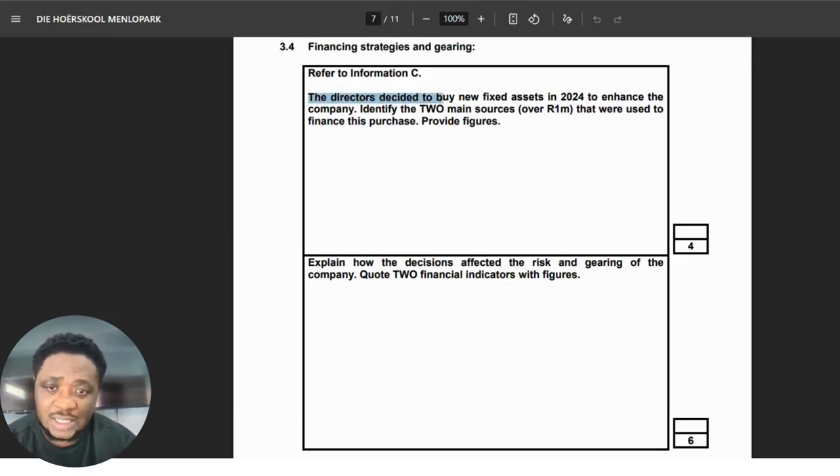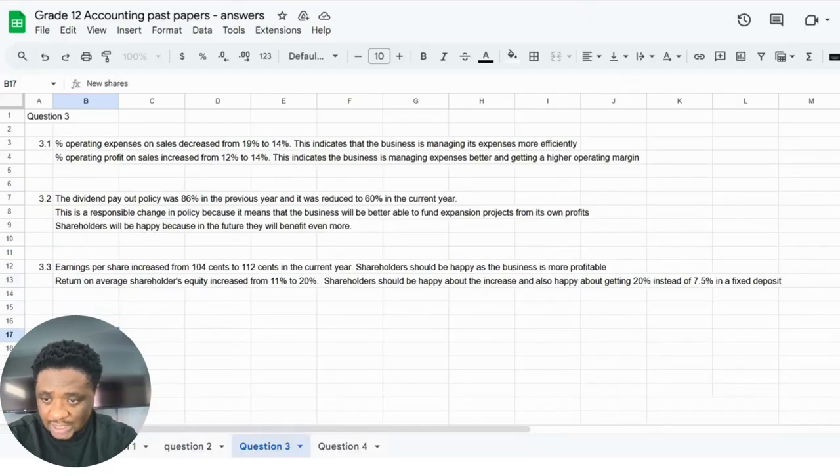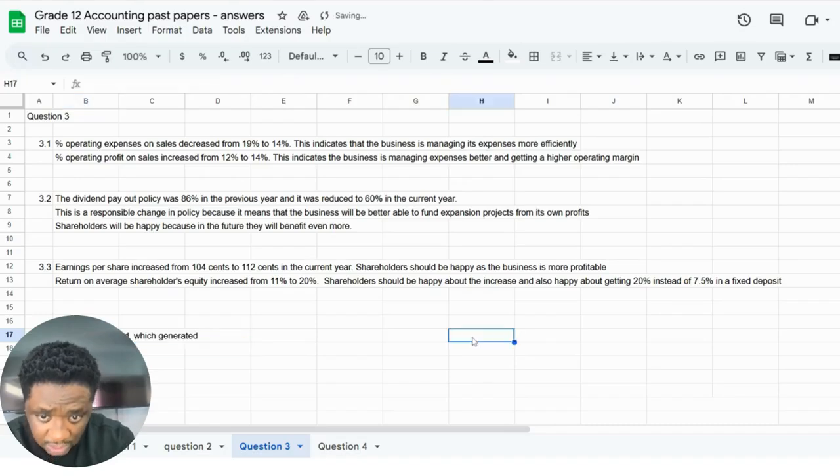So the directors decided to buy new fixed assets to enhance, identify two main sources that were used, and you need to provide figures. So the first thing that we're going to say then is that there were new shares issued, which generated, so we're going to need to work out this number. So I'm going to work this out here.